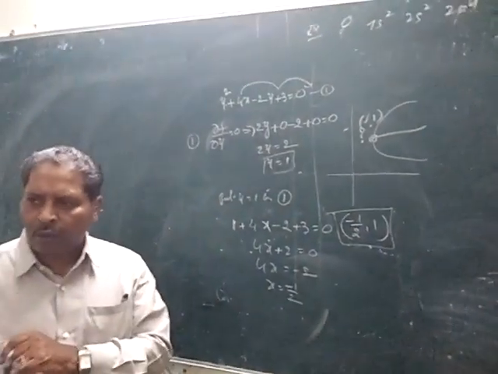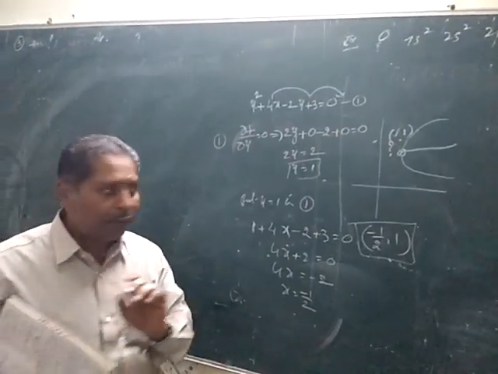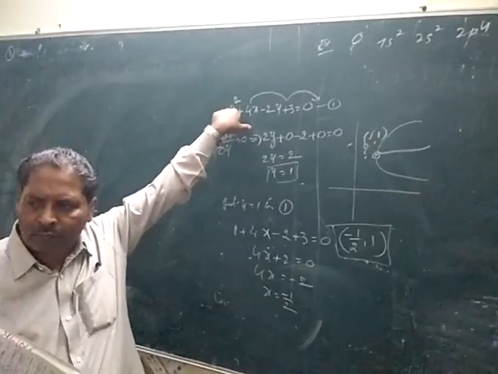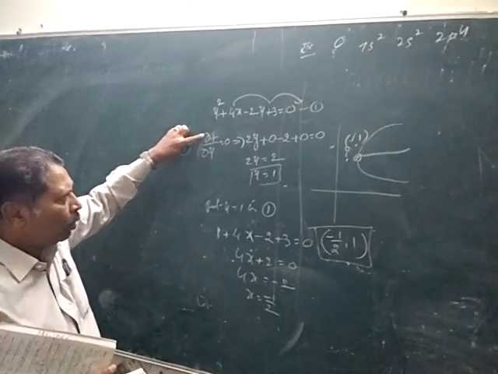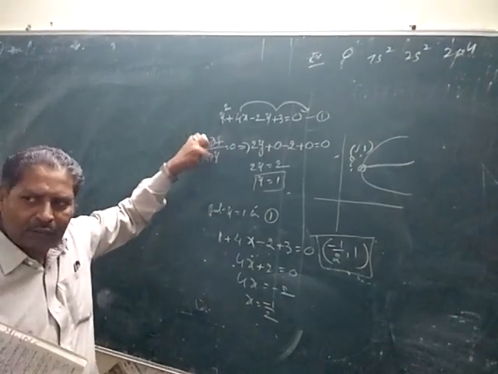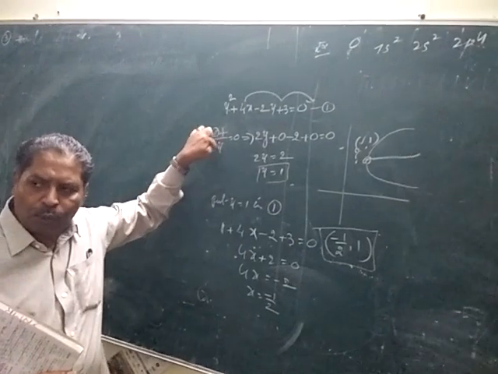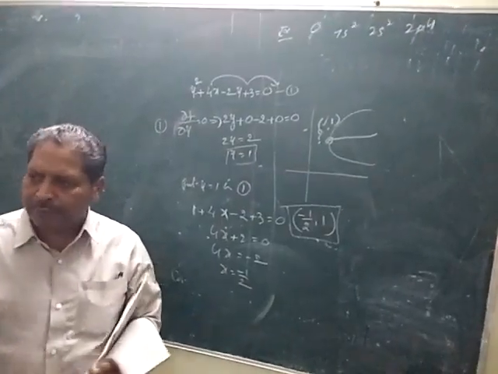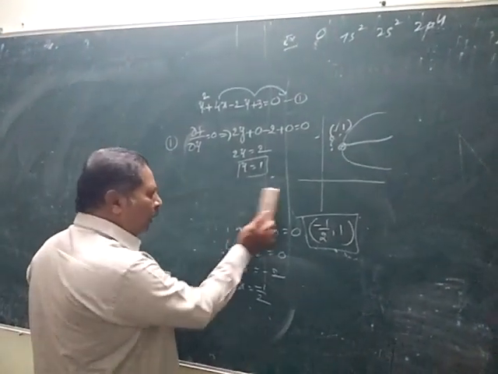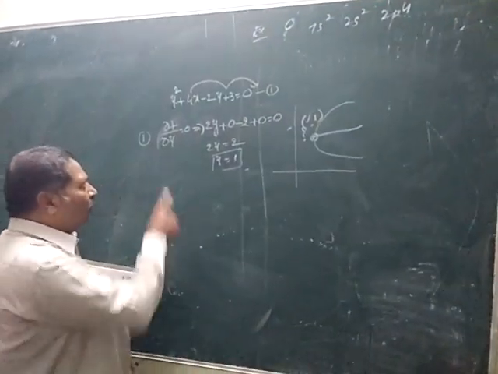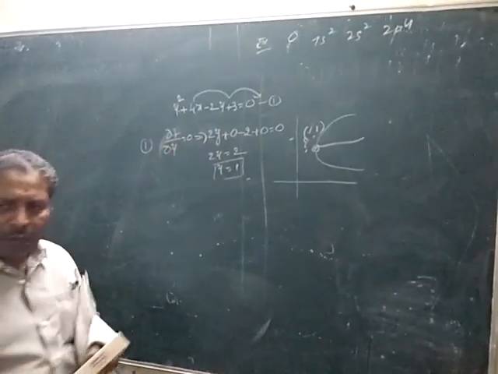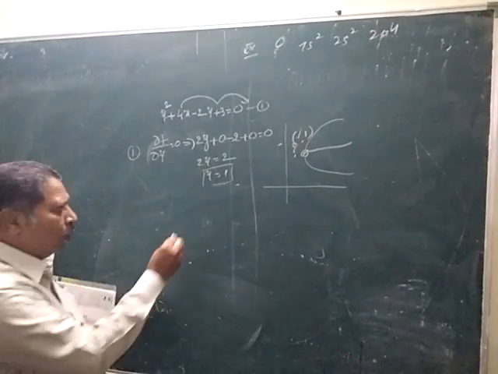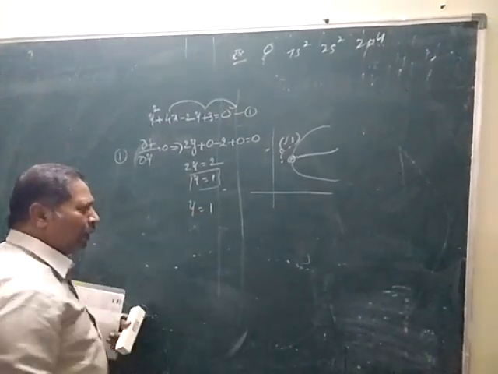For example, given an x square parabola, calculate ∂f/∂x equal to 0. Next, another point. When we calculate ∂f/∂y equal to 0, we get y equal to 1.